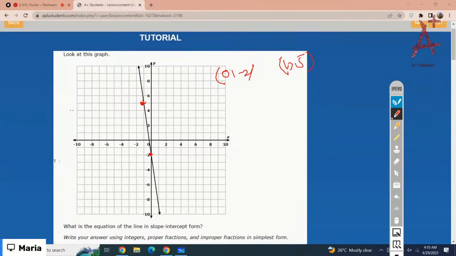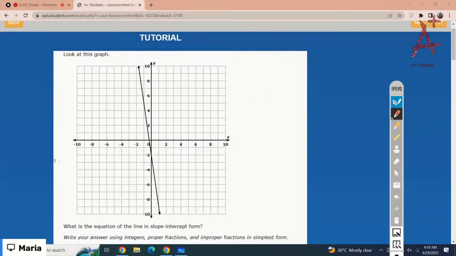So just use these 2 points and calculate the slope. So slope would be 5 minus negative 2 over negative 1 minus 0. So it would be 5 plus 2 divided by minus 1. So it would be negative 7 over 1, or negative 7. So slope is negative 7.